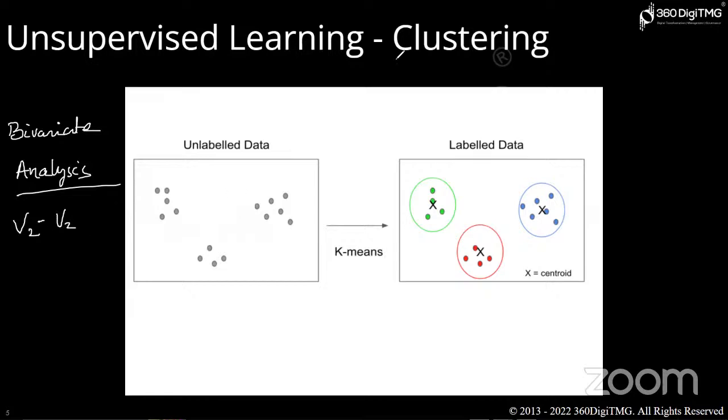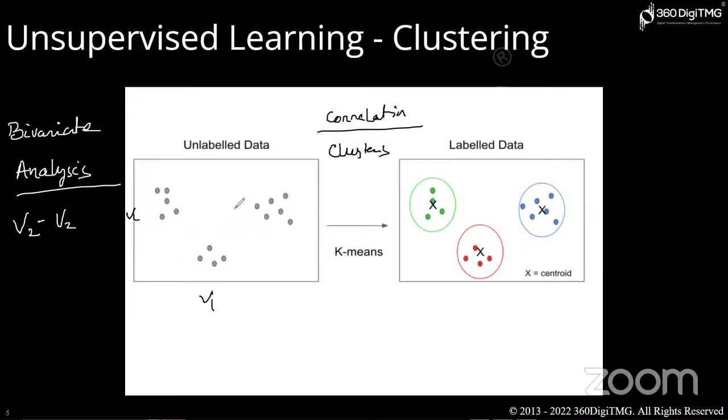Suppose these are the two variables we have here, V1 and V2. When we do the scatter plot, generally we can find the correlation, but we can also find the clusters.